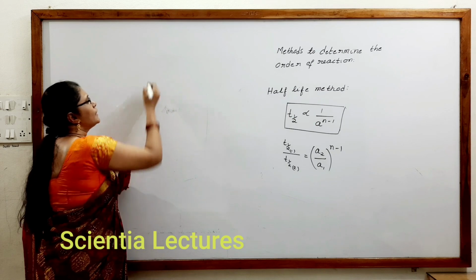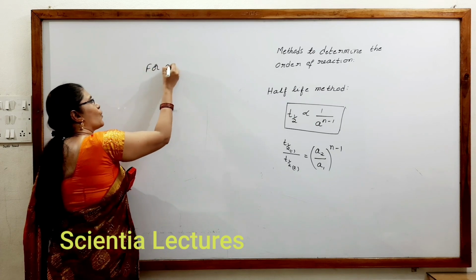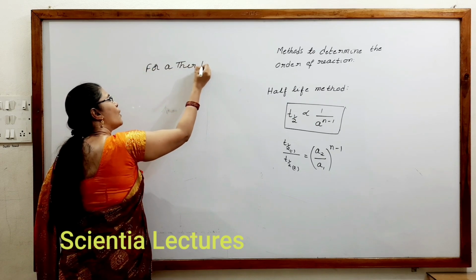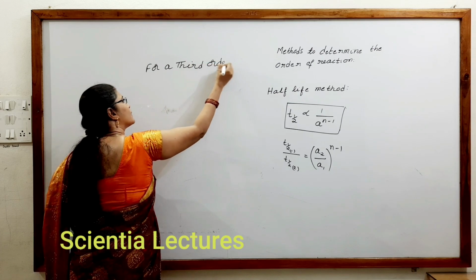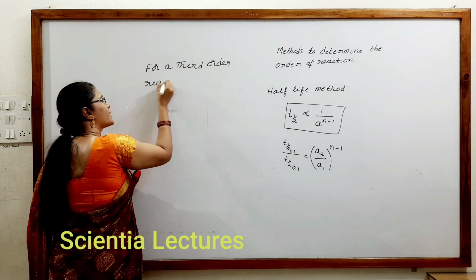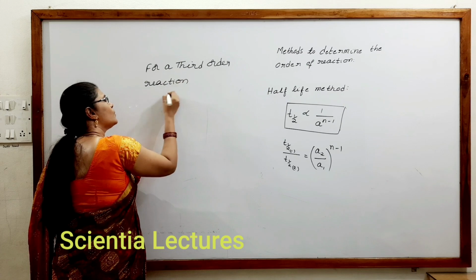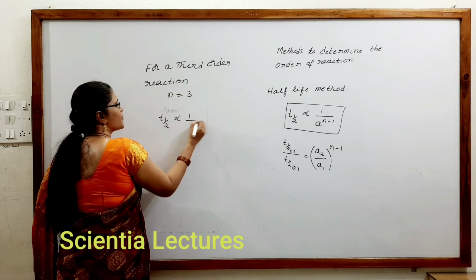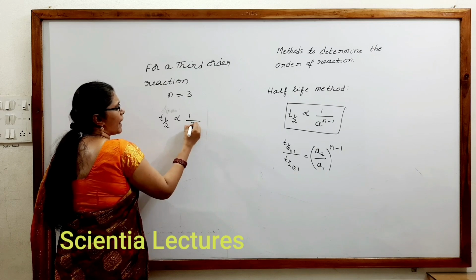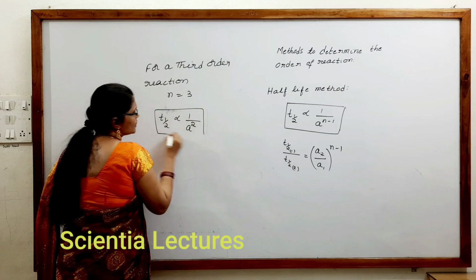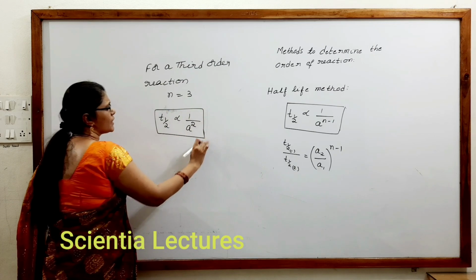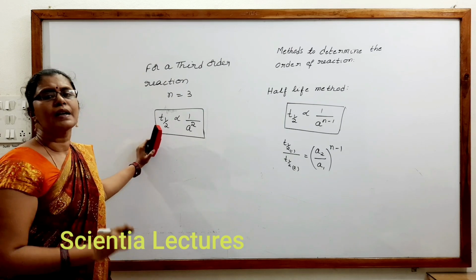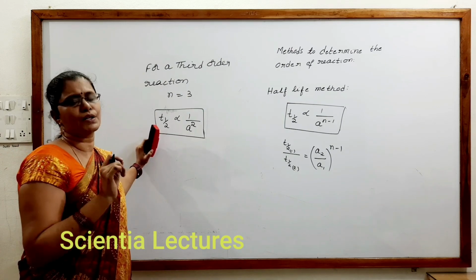Now, for a third order reaction, what is n now? n is equal to 3, which implies T half is proportional to a power 3 minus 1, a square. So T half is inversely proportional to a square indicates that it is a third order reaction.